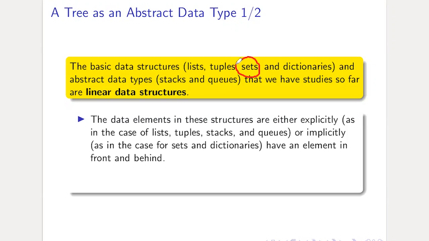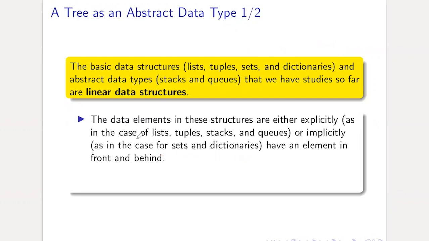Similarly with dictionaries, it is governed by the key value, so it is not meaningful to say this is in front, this is in back. But it also implicitly has an element in front and an element behind.